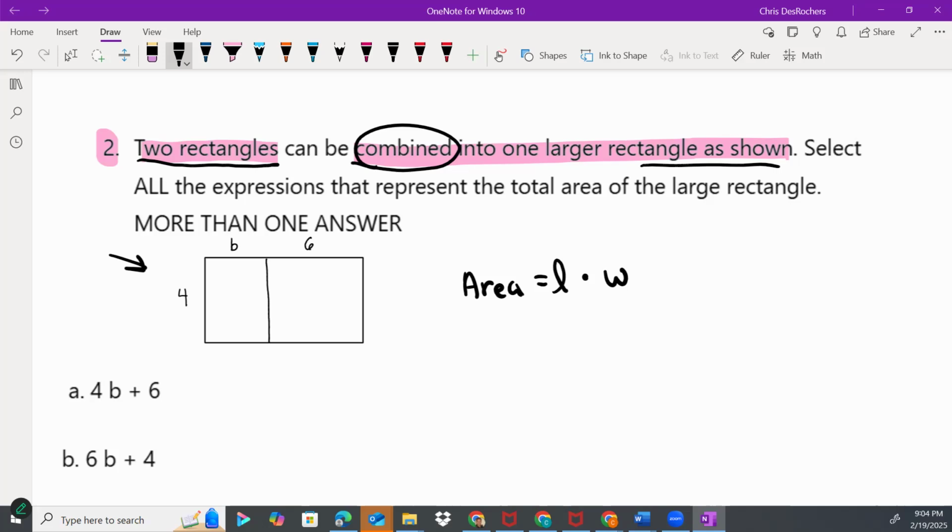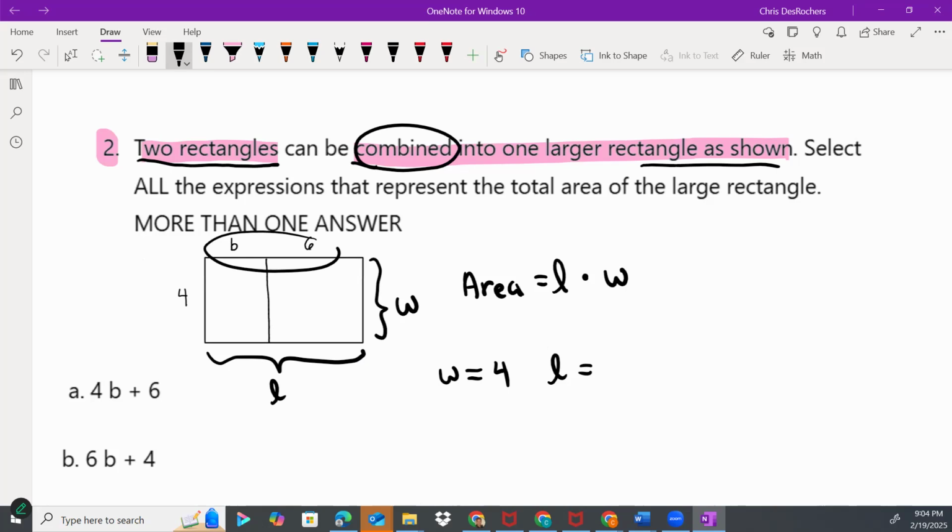Let's call this distance right here the length, and this distance right here the width. We can see that the width is going to be equal to 4. Okay, right there, 4. And the length is going to be equal to this right here, b plus 6.